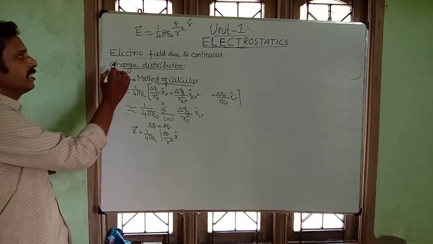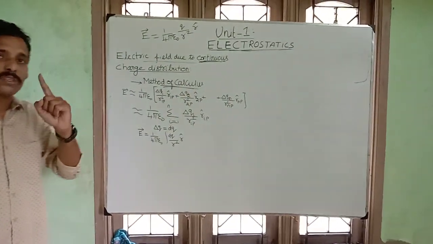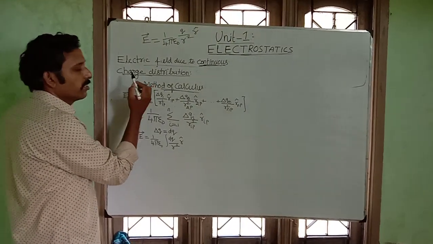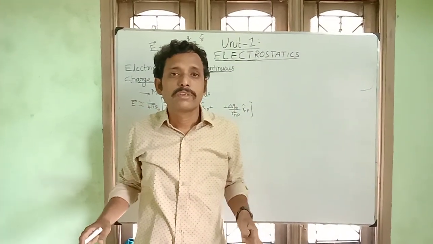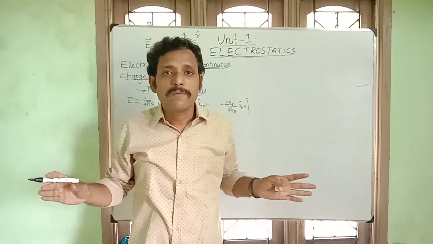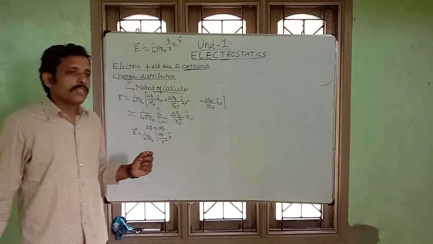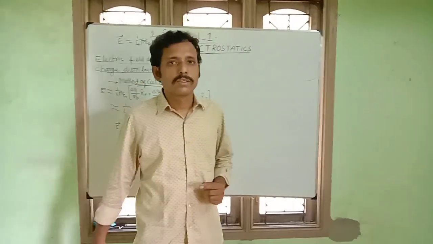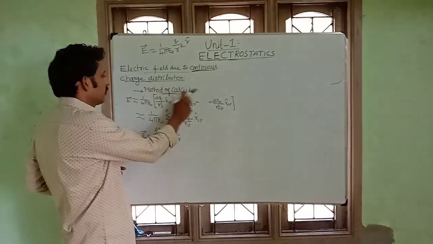See here, this is the electric field due to continuous charge distribution. It is not a point charge. Charge is continuously distributed and you are unable to find out the charge. I told you, for that we need the method of calculus.